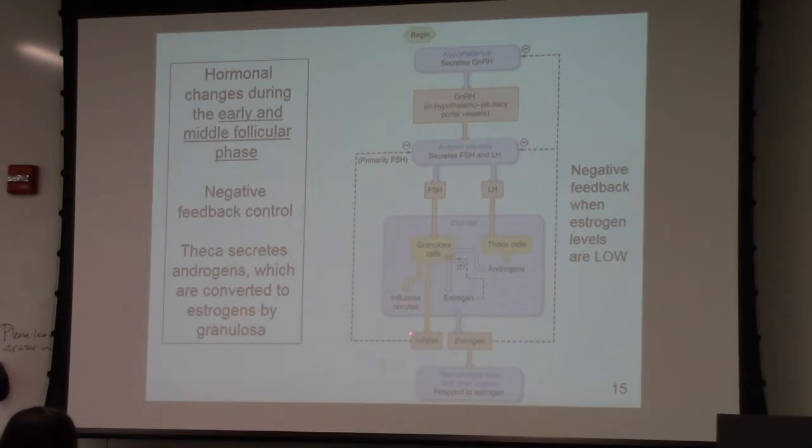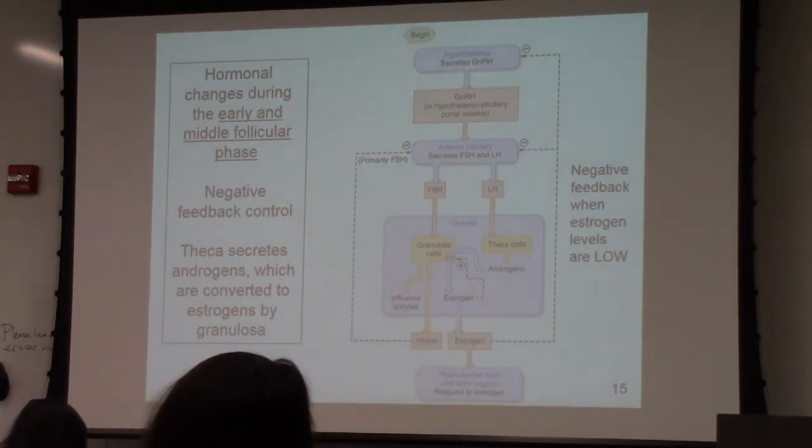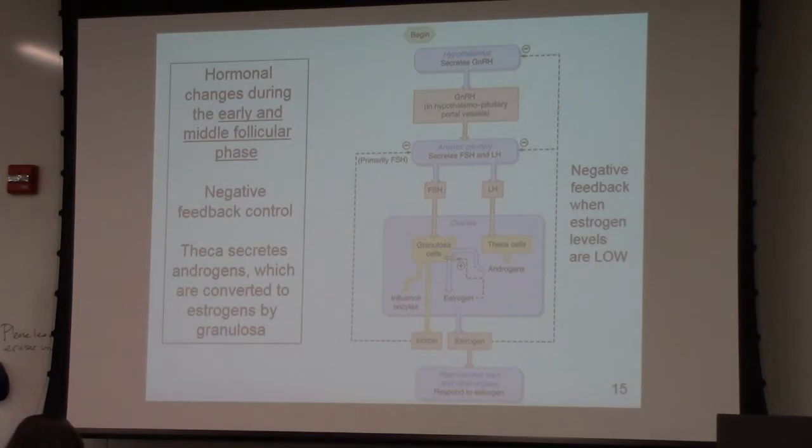There is an inhibin also, but let's just leave that aside here, just like we left it aside in the male reproductive system. There's another hormone that is important for negative feedback. The point is there is negative feedback during the follicular phase, keeping LH and FSH levels not zero, but at a set point.